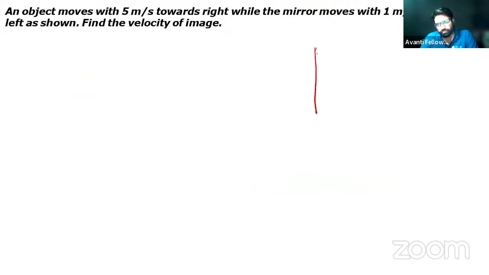This is the image, this is the mirror, and this is the object here. This object is moving towards right. Let's say this is the right direction, and we are assuming that the right direction is positive and left direction is negative. Noted? Left direction is negative.